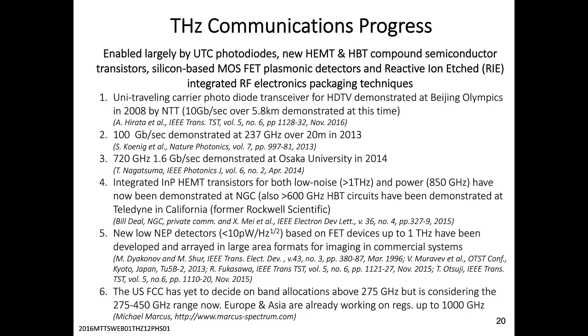And on top of UTC photodiodes, there's also been a very large investment in traditional indium phosphide HEMT technology coming up from the millimeter into the terahertz band, notably in the U.S. by DARPA, that has invested over $50 million in this technology and has had tremendous success in getting now low noise MMIC circuits at 1 terahertz, power amplifiers at 850 gigahertz, and they've invested both in HEMT and HBT technology, notably at Northrop Grumman and Teledyne in California, but other places as well.